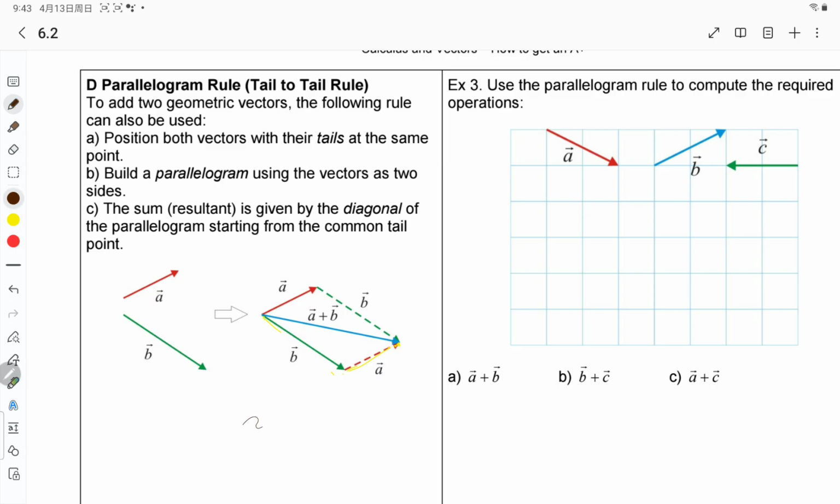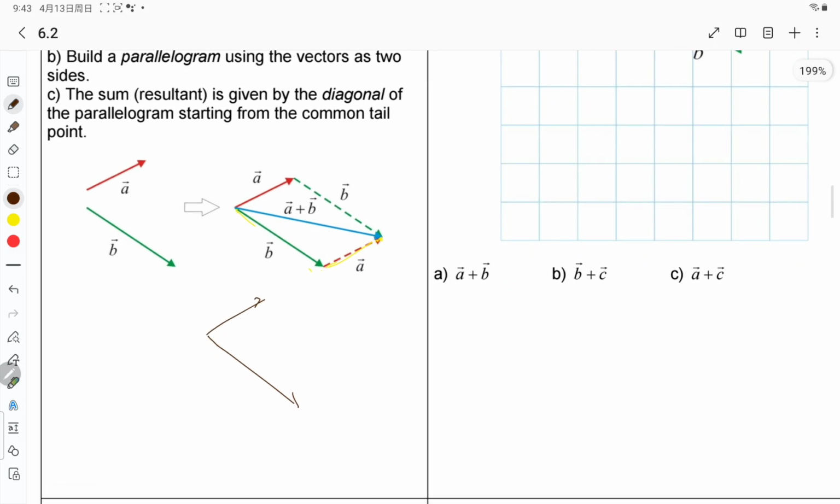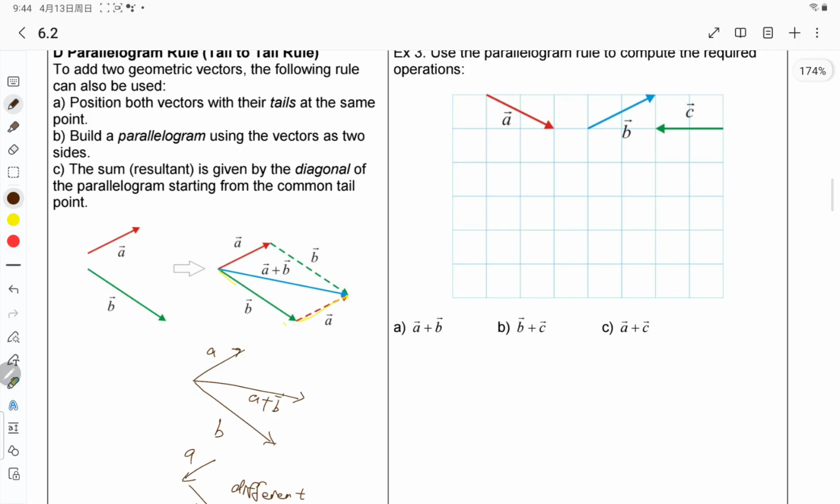Don't just remember the dry rules, right? Because here the arrows are going out, and this is A plus B, right? But what if it's like here and here? Then it's different, right? So don't just recite these rules, okay?